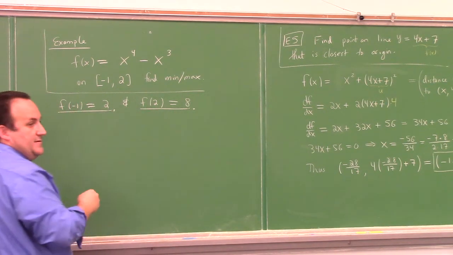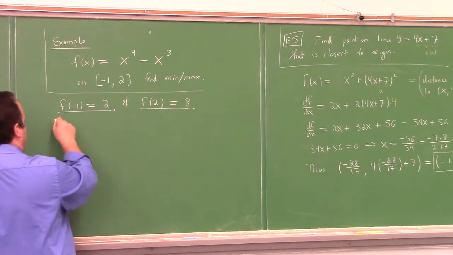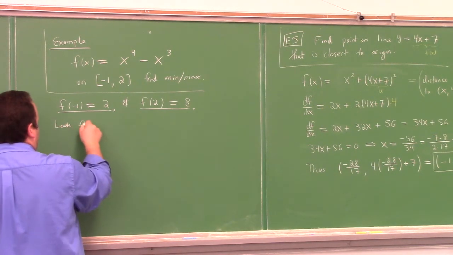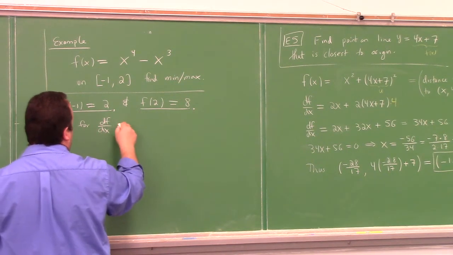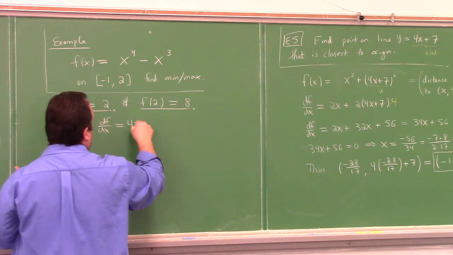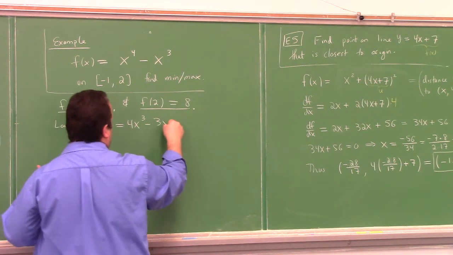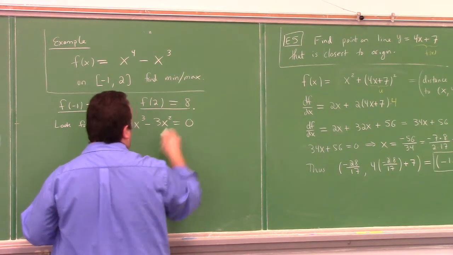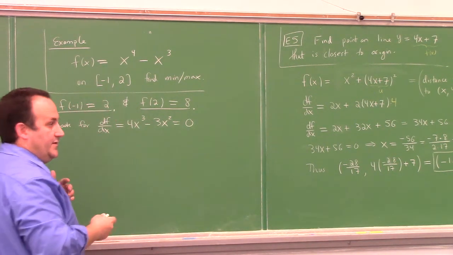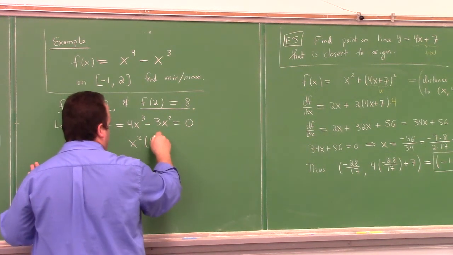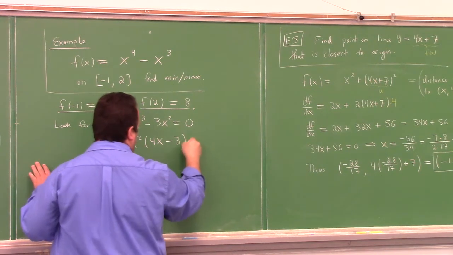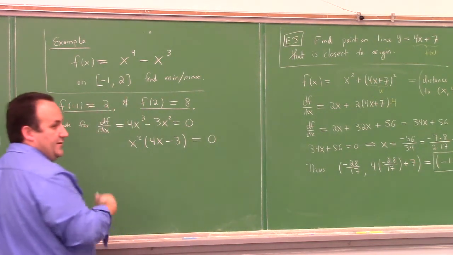All right? Next, we look for critical points, which, since this function is differentiable, we just need to look for where df dx, which is 4x cubed minus 3x squared, equals 0. Right? So this one, I can factor out x squared. I've got 4x minus 3 equals 0. What are my critical numbers?